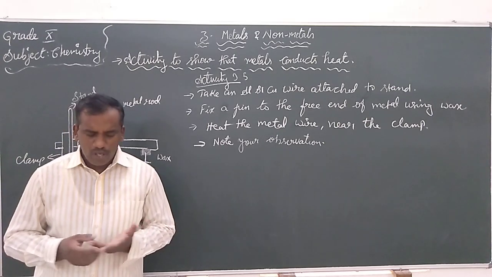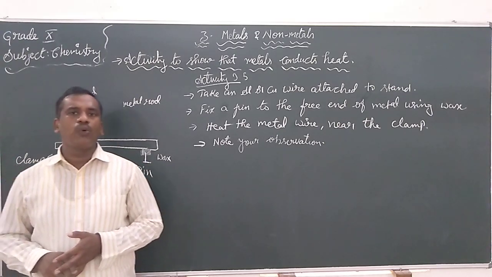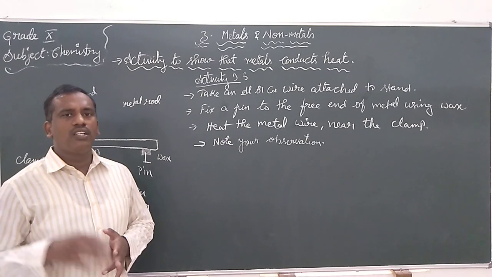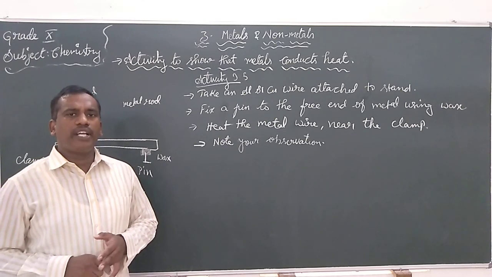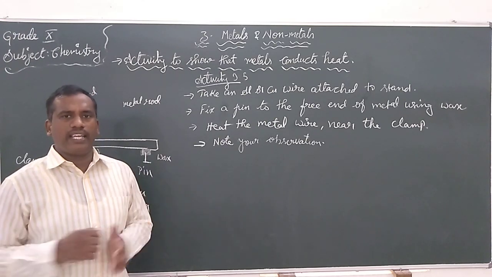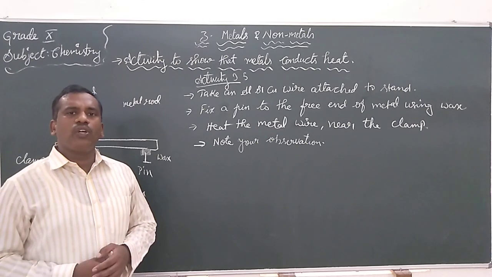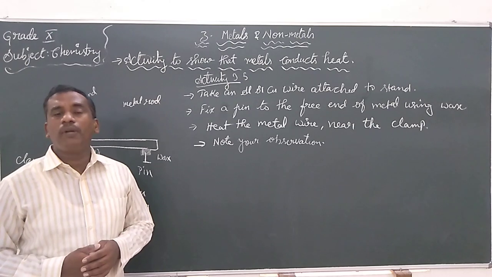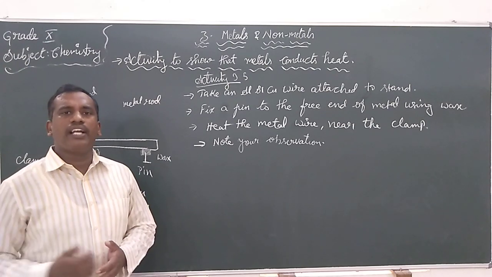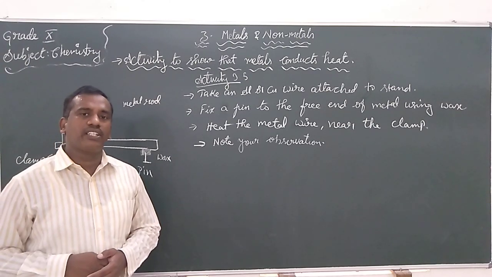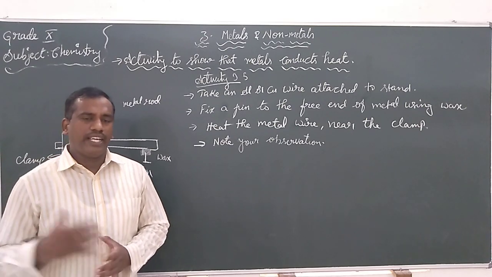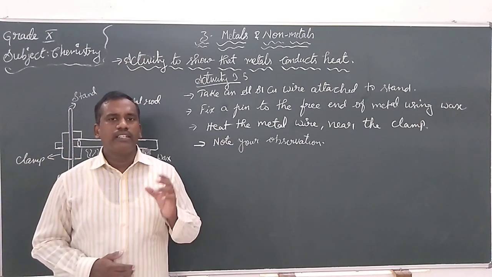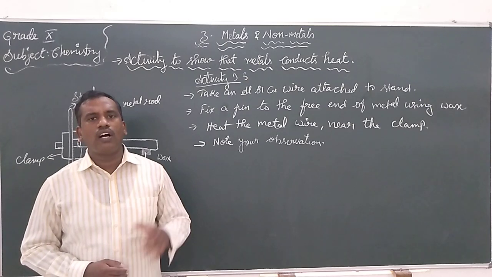You see, when you go near noodles preparation, they use a big kadai. The big kadai that they use is made of aluminum because it is a good conductor of heat. So we have discussed that metals are good conductors of heat.